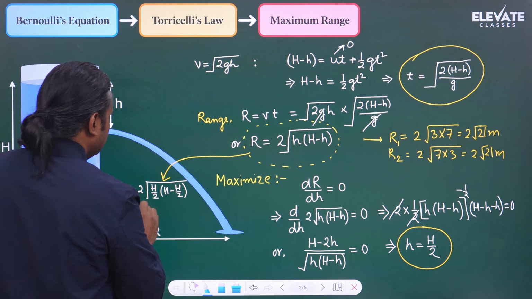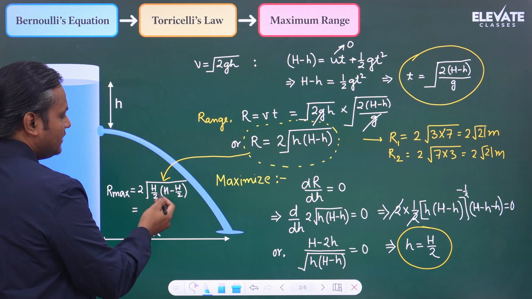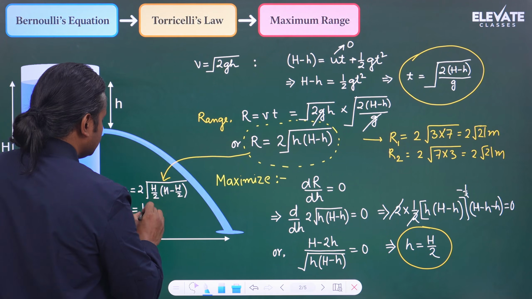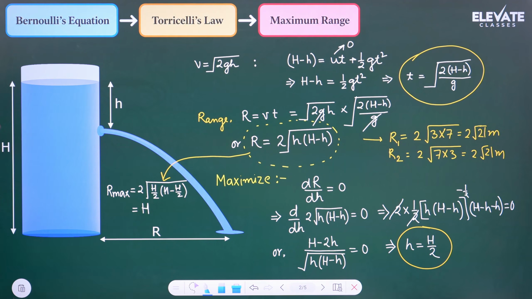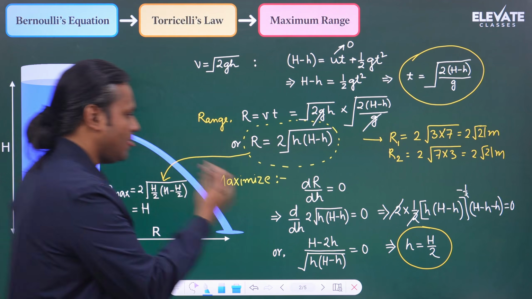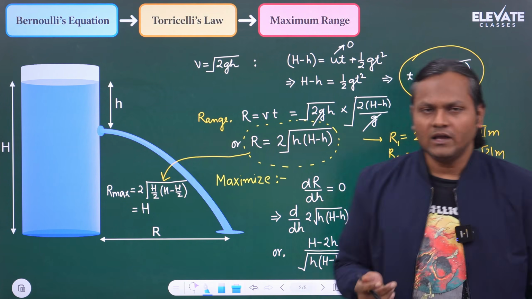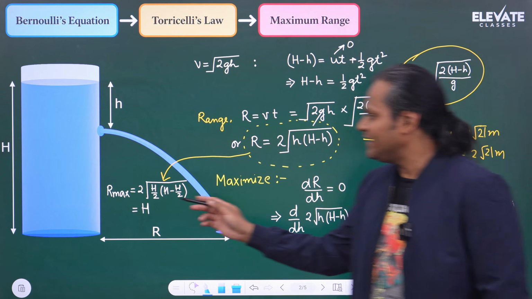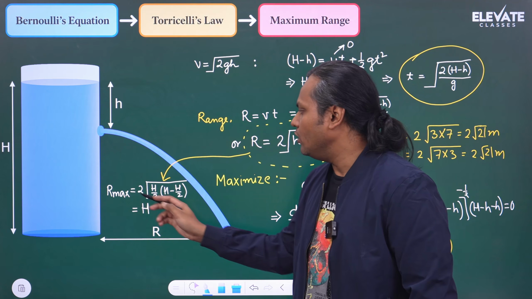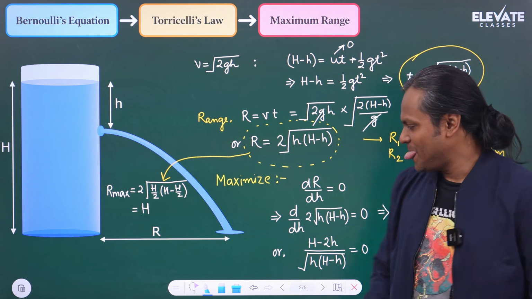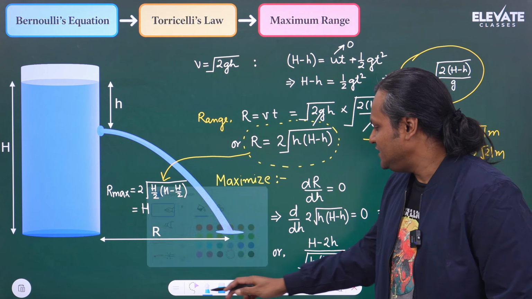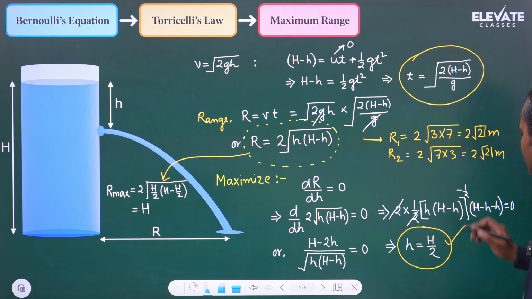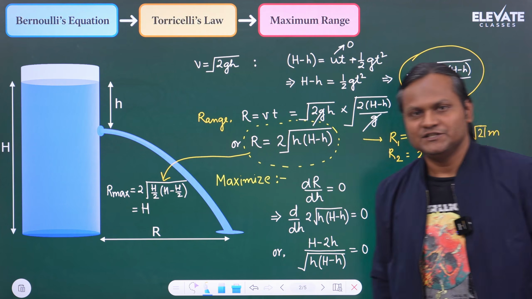So this is just equal to, this is H by 2 times H by 2, so H squared by 4, 4 comes out, 2 and 2 get cancelled, this is just H. So that means the maximum distance a stream of water coming out of the side of a water tank can reach is exactly equal to the height of the water column. That's it. Okay? And it is achieved at a height of half the distance of the water column.